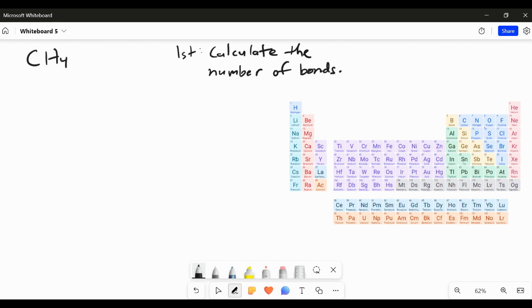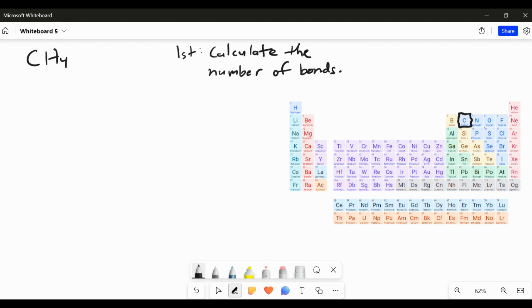We need to figure out how many covalent bonds we need. And there's actually a pretty straightforward way of doing this. What we do is we need to figure out, first of all, how many electrons we have in total.